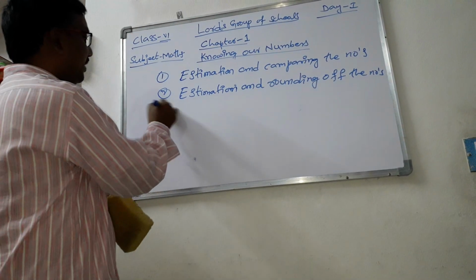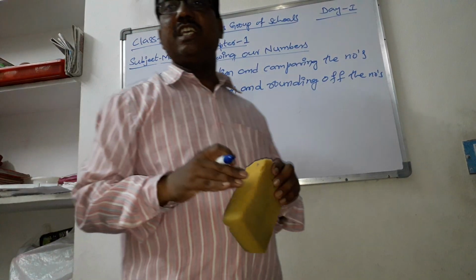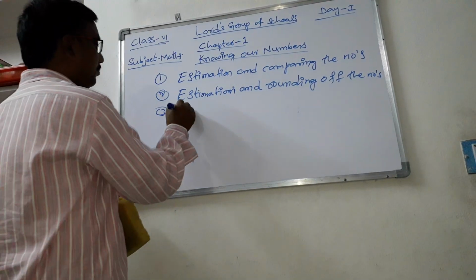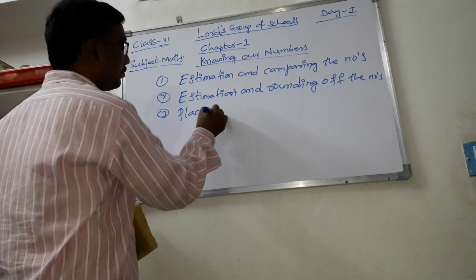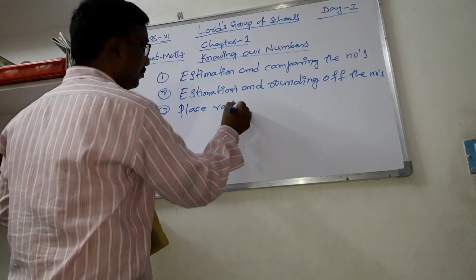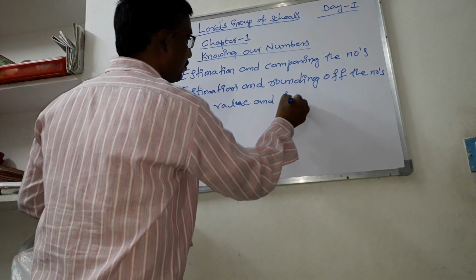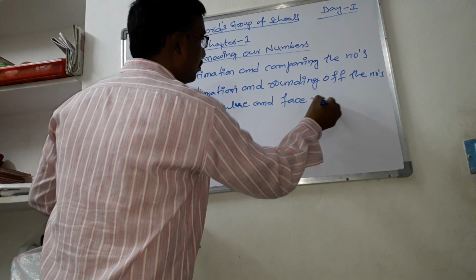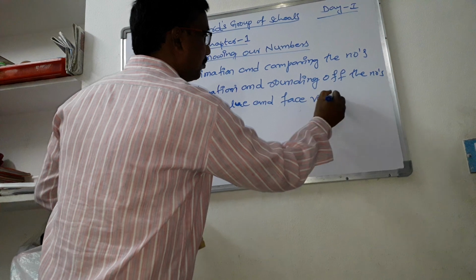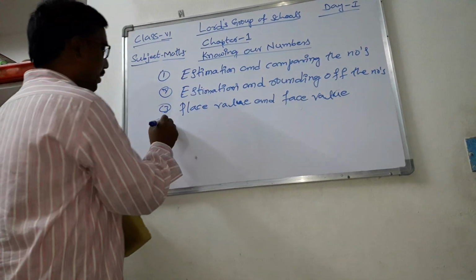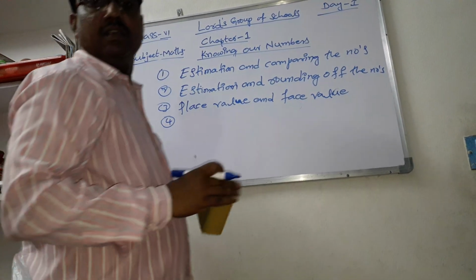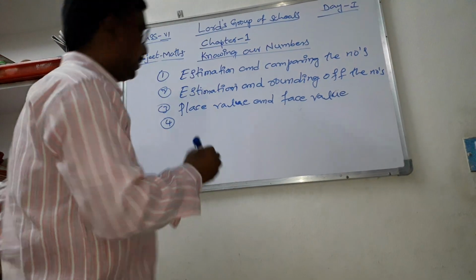And the third one is place value and face value. And fourth topic is introduction to large numbers.